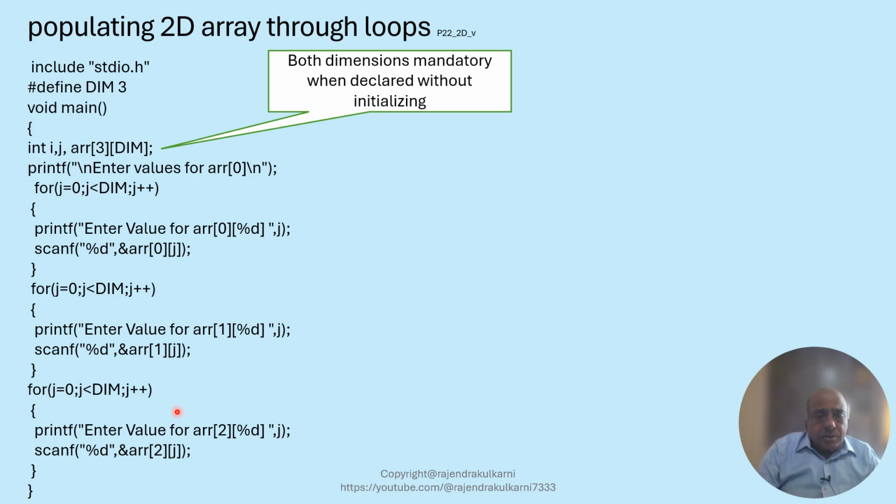Similarly, the second element of the 2D array is being assigned values entered by the user through the keyboard through this printf statement.